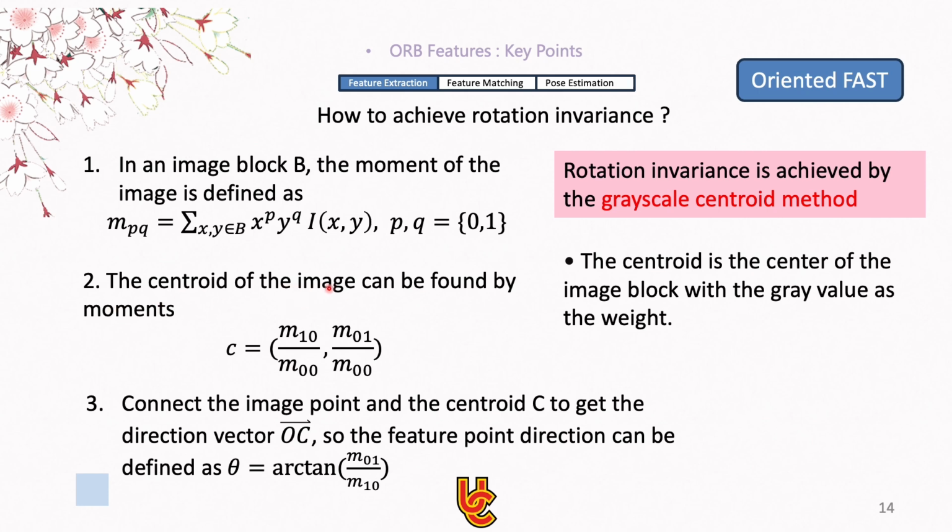So the centroid of the image can be found by this moment. Then we connect the image point O and the centroid C to get the direction vector OC. So the feature point direction can be defined as theta equals arctangent of m01 divided by m10. And what's the centroid? The centroid is the center of the image block with the grayscale value as the weight.